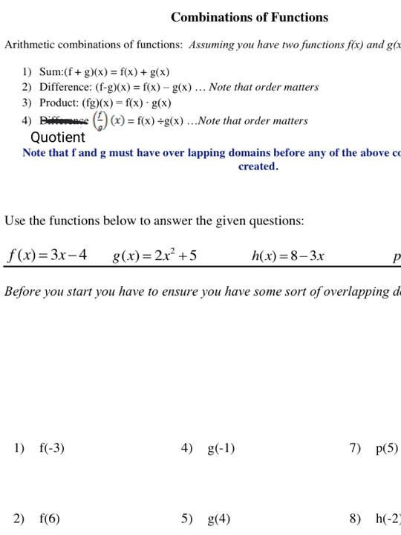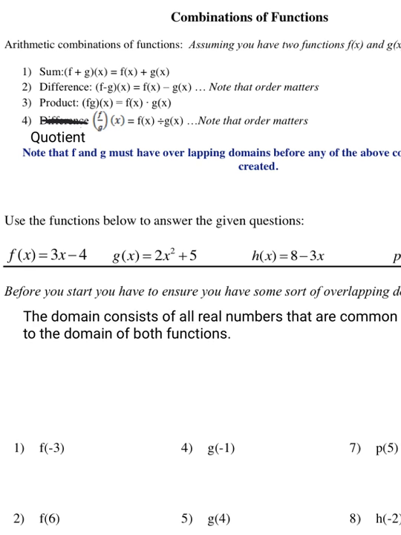The other thing you need to be careful of is that you need to make sure that the domains overlap between your two functions. In other words, the domain of one function needs to have values that are common in the domain of the other function, or you can't combine them. The domain consists of all real numbers that are common to the domain of both functions.